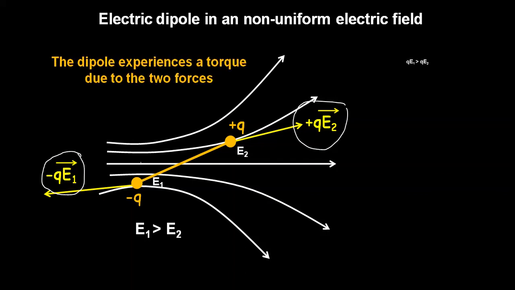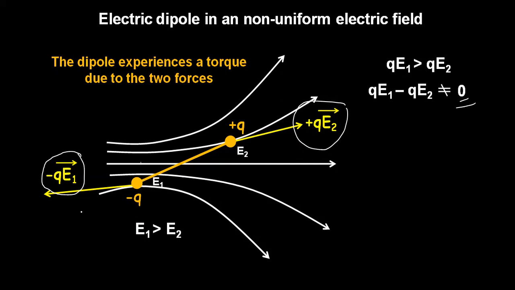Now, since E1 is greater than E2, the magnitude of QE1 is greater than the magnitude of QE2, where QE1 is the magnitude of the force on minus Q charge, and QE2 is the magnitude of the force on plus Q charge. Therefore, if I find the resultant of these two forces, it will be a non-zero value. So these two forces do not cancel each other.